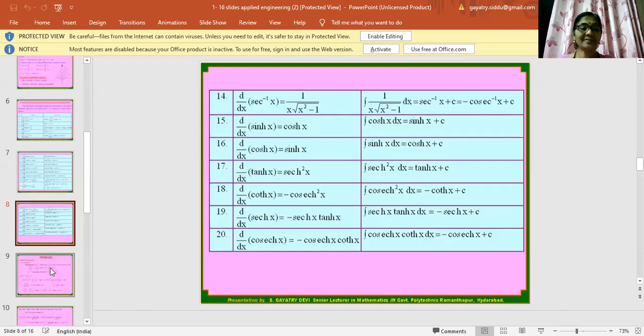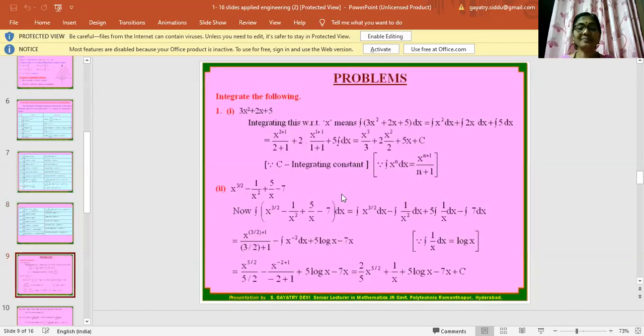Right. Now we go to problems. In the beginning of doing these problems, we must be alert. Integrate the following: 3x square plus 2x plus 5.